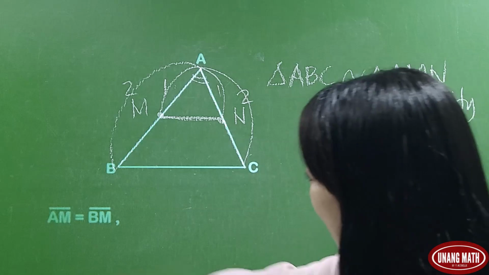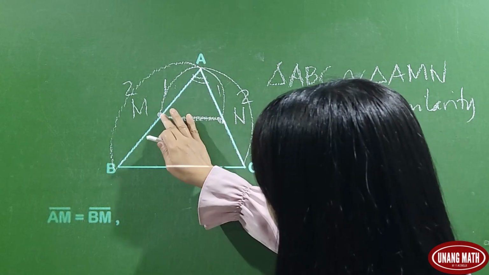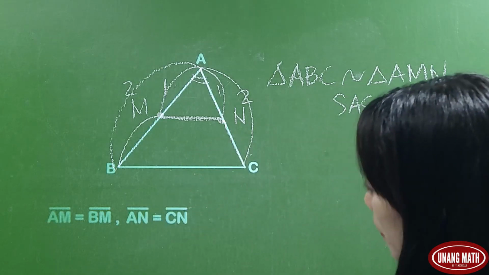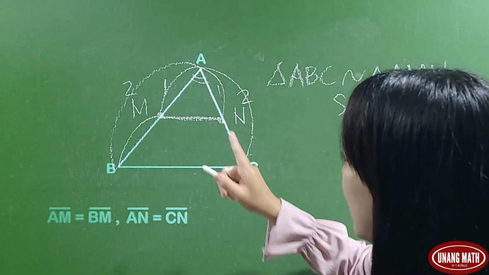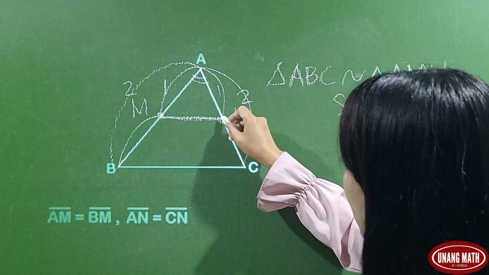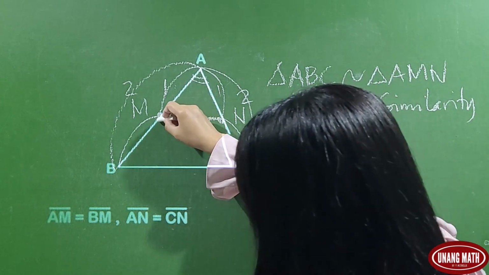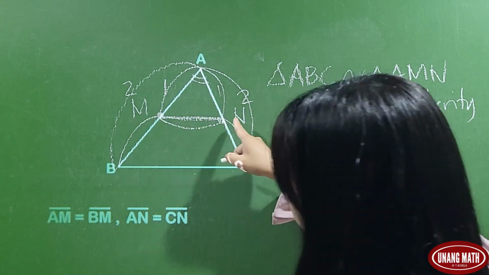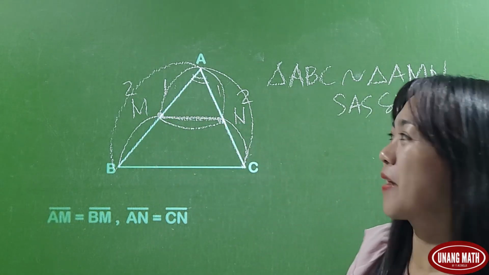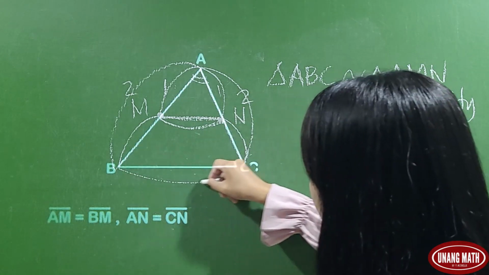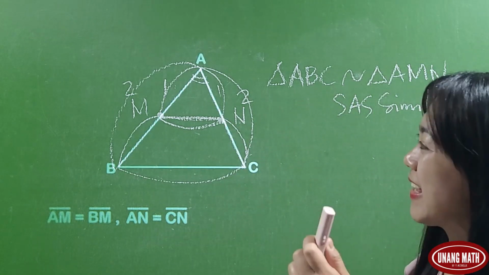So we can say that segment AM is equal to segment BM, or segment AN is equal to segment CN. And this segment MN, our mid-segment, corresponds to this segment BC.